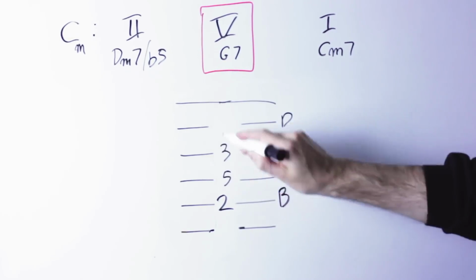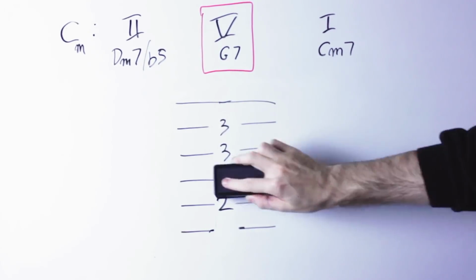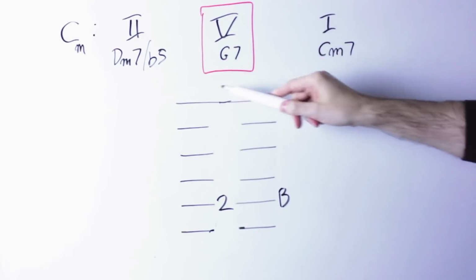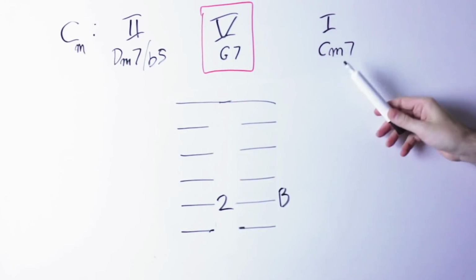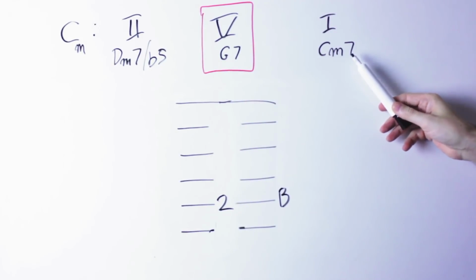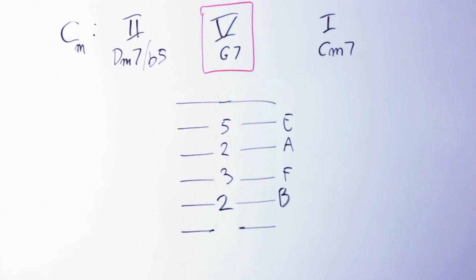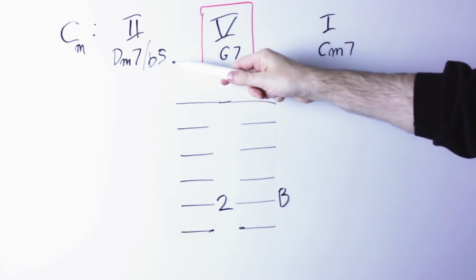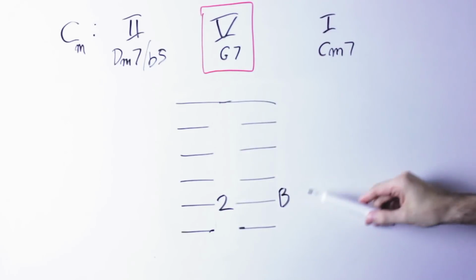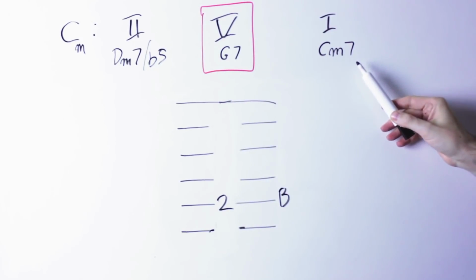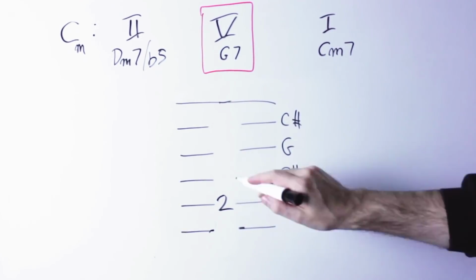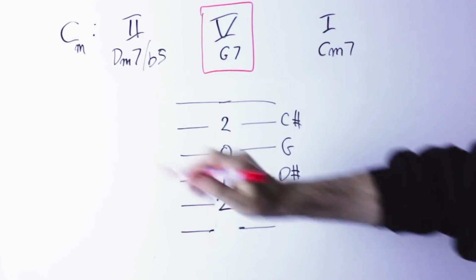This is B, G, B flat, D. This is B, F, A, E. This is B, D sharp, G, C sharp.